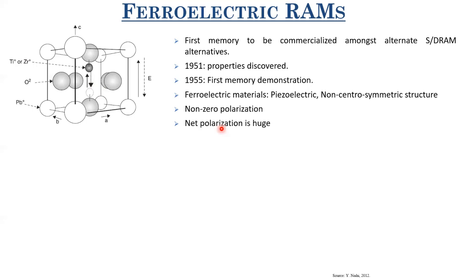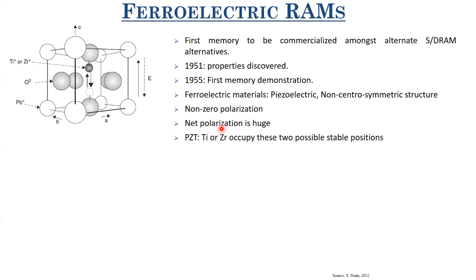And this polarization value is actually huge. The effective charge is given by epsilon times E plus the polarization value. And polarization is so large in these materials that it actually dictates the charge in the nascent state, when you don't apply any electric field.